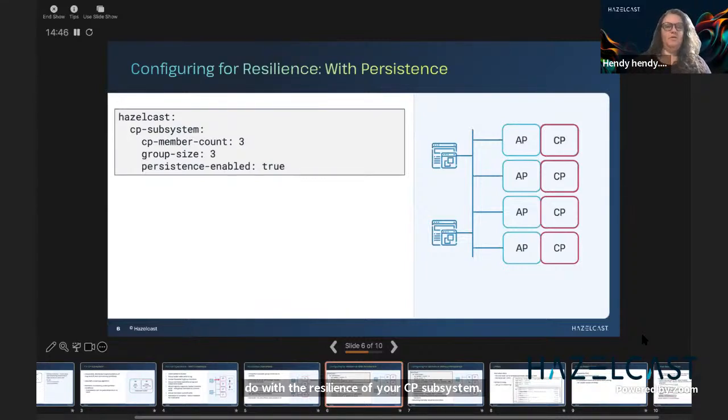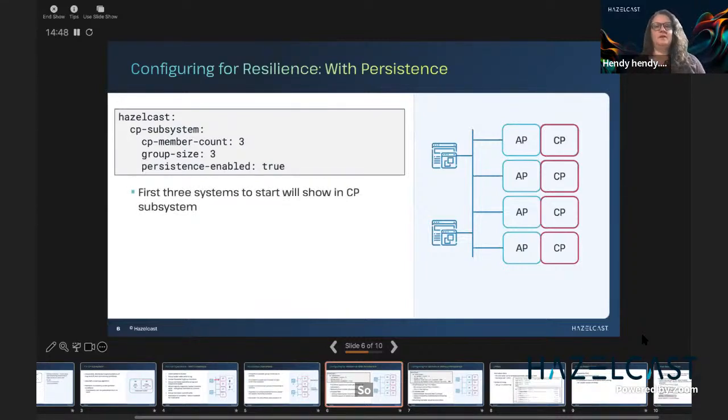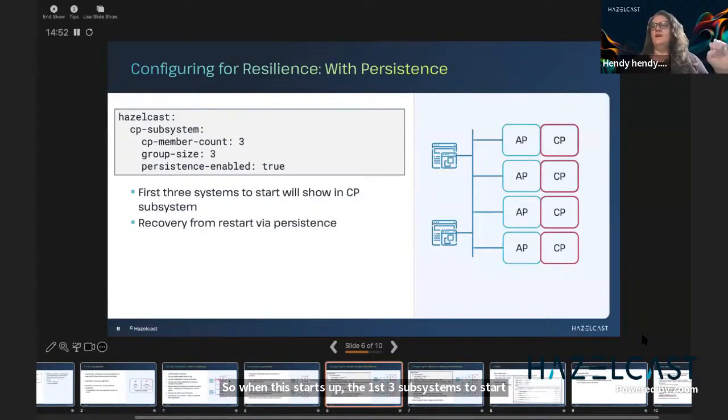So when this starts up, the first 3 members to start will show up in the CP subsystem. If there's a partition, the group will heal itself. If a cluster member that's in the group fails and just disappears from the network for whatever reason, and it has persistence configured for CP, that means it's also been writing the CP subsystem contents to disk in the background.